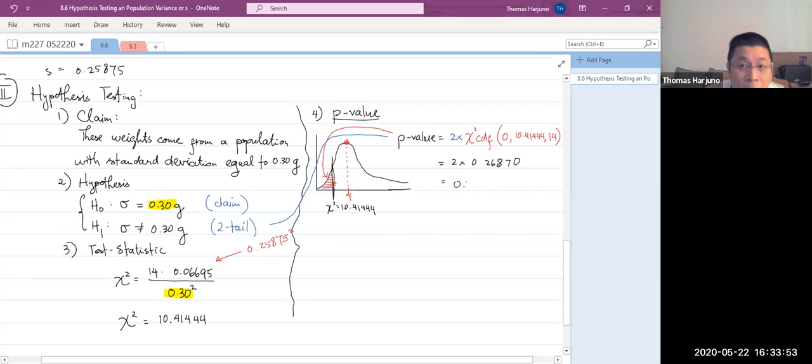That's 0.53740. Oh, the p-value is so big, huh? Yeah, the p-value is so big, right? Because the p-value is so big, then in step 5, informal conclusion, what will my informal conclusion be?